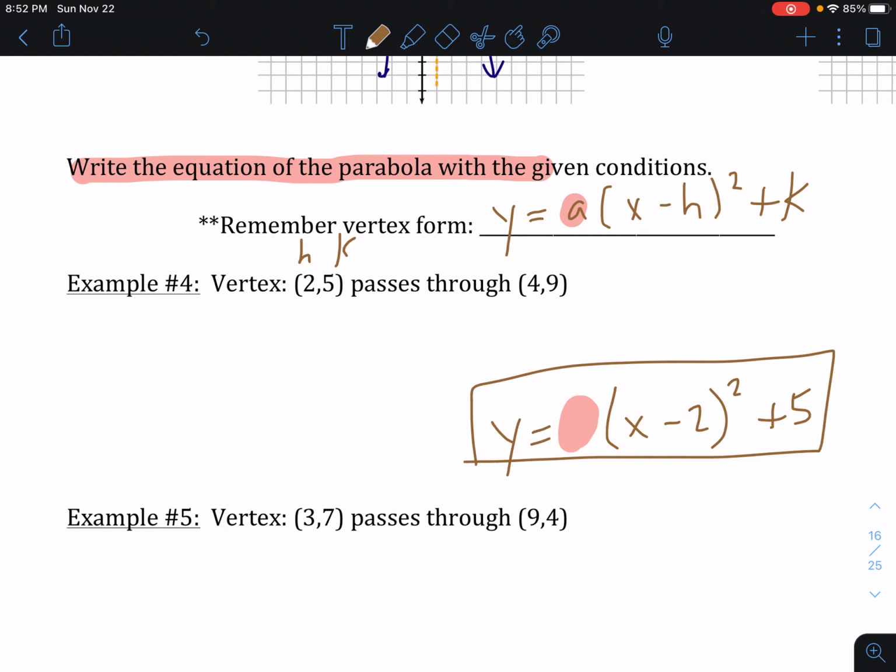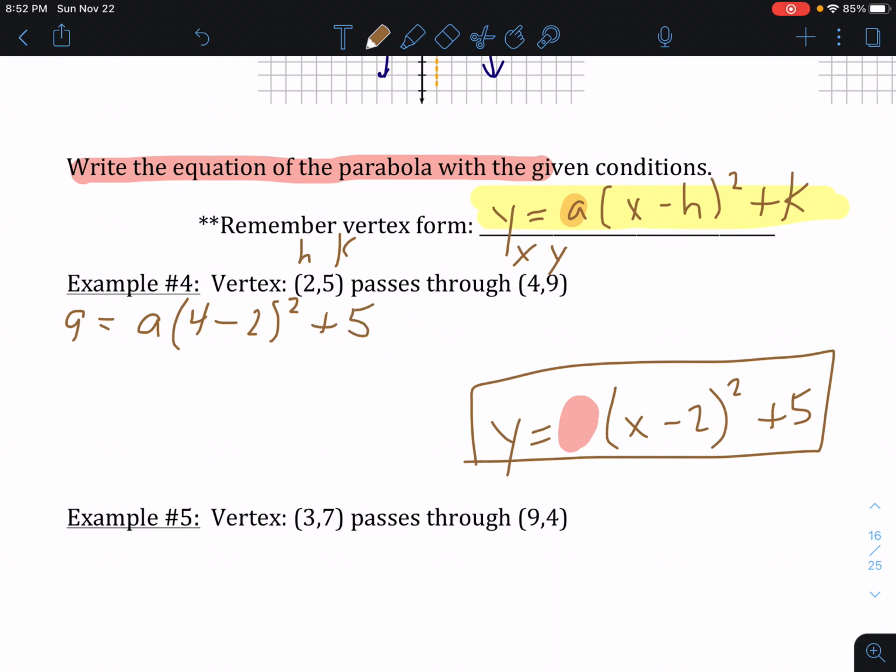So what we need to do is use this formula, and we are going to be plugging in the 4 and the 9 for the x and the y, the 2 and the 5 for the h and the k, and it's going to help us solve for a. So let me show you what I mean by this. So I'm using the formula, follow with me. So y equals a parentheses x minus h parentheses squared plus k.